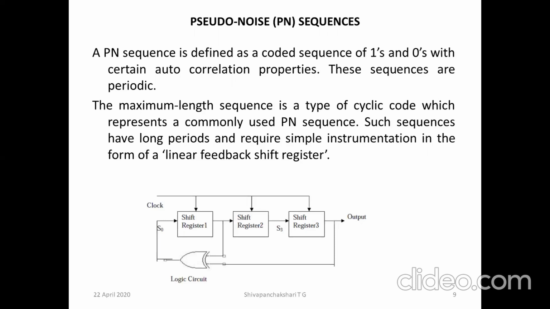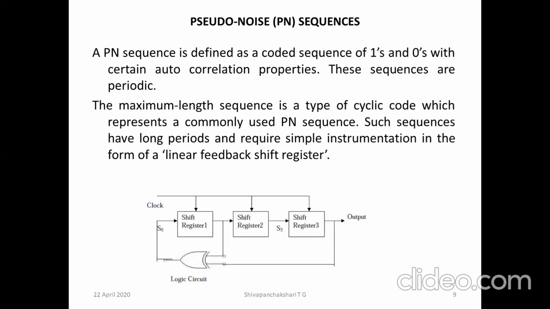A PN sequence is defined as a coded sequence of ones and zeros with certain autocorrelation properties. These sequences are periodic. The point to be noted here is that the PN sequence is basically a random sequence for others. Hence, it has its own specific autocorrelation properties. And these are basically periodic signals. That's why they are called pseudo-random.